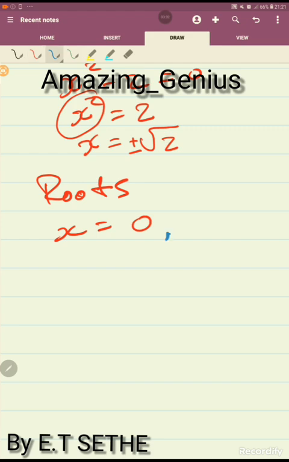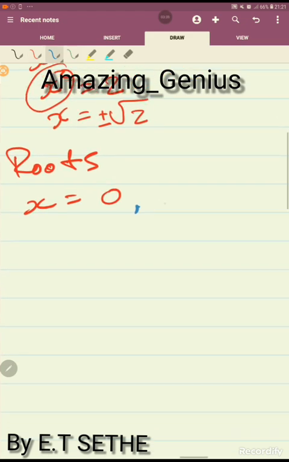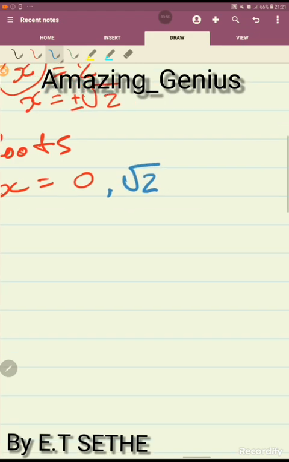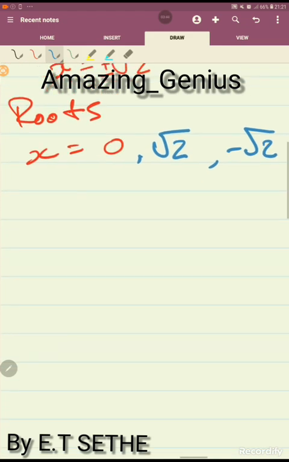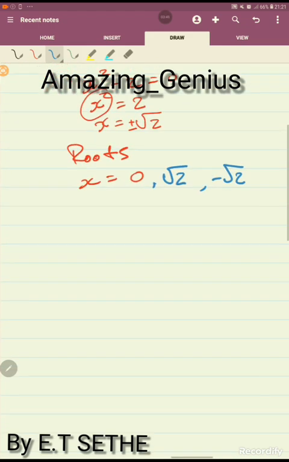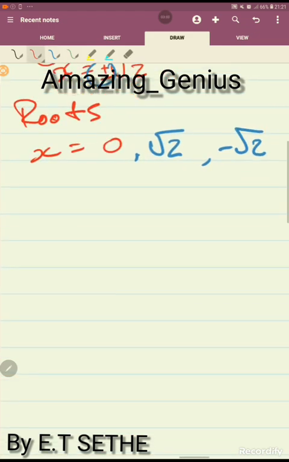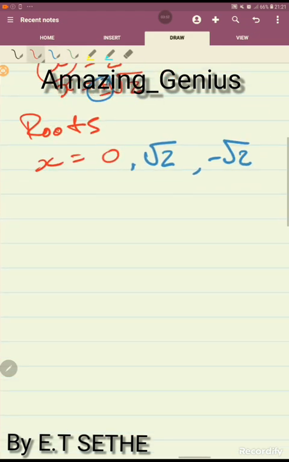Therefore we have x is equal to 0 and the positive square root of 2 and the negative square root of 2. I put this sign here, which is very much important. So solving for x, these are the values, the roots, finding the roots.